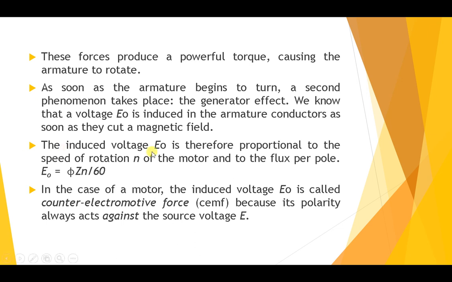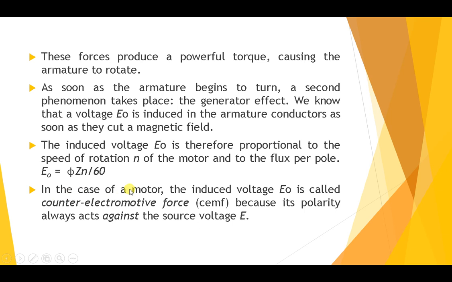So the induced voltage is proportional to the speed of rotation N of the motor and the flux per pole, and is given by the equation E0 is equal to flux times Zn by 60. Z is the total number of armature conductors.